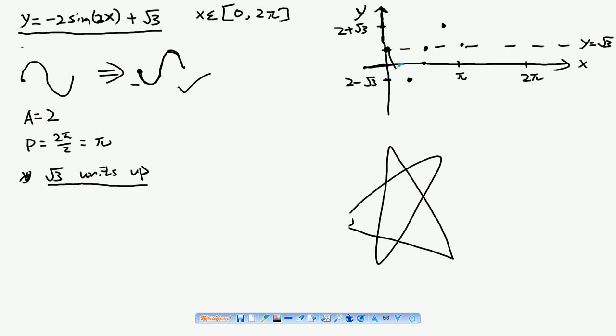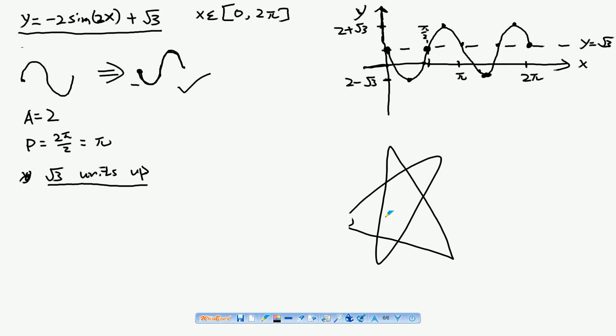So this is one period of the graph, and the coordinate there is pi on 2. What we do is keep drawing another period, and it ends up there.